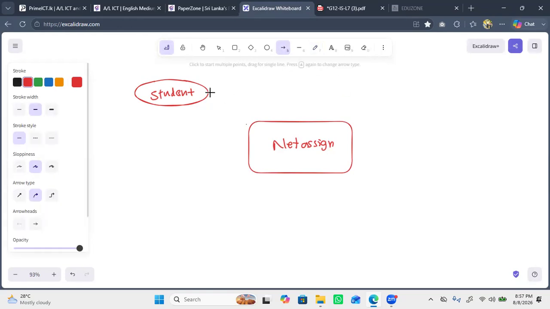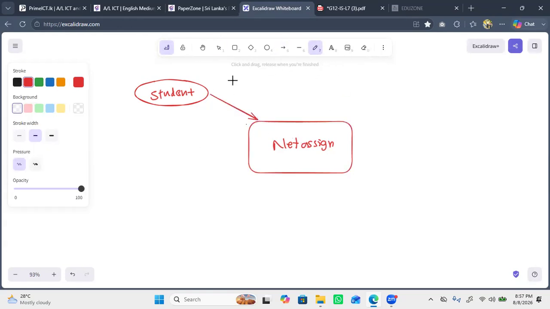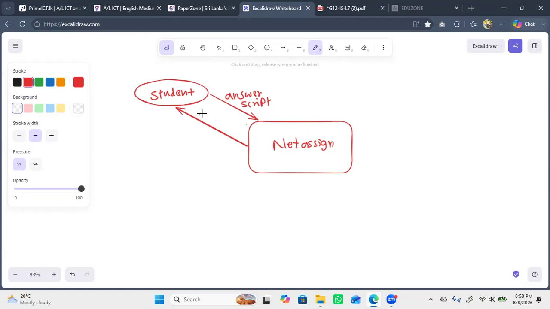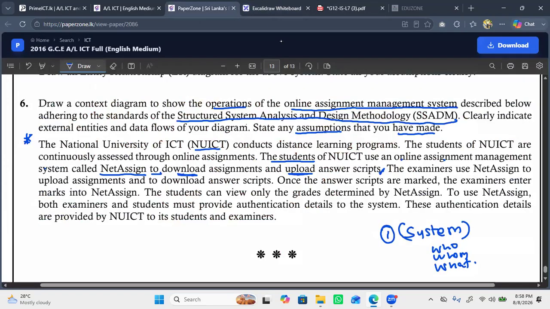Then he may send the answer script, upload the answer script to the NetAssign. Answer script. And download the question assignments from the NetAssign. Downloading the question assignment. Simple, kids. You can clearly identify NetAssign, downloading assignment, uploading answer script.